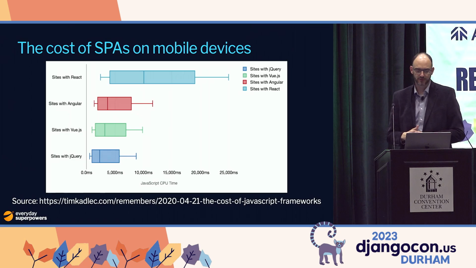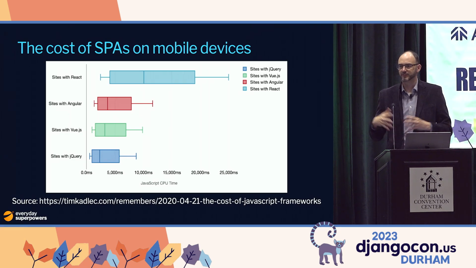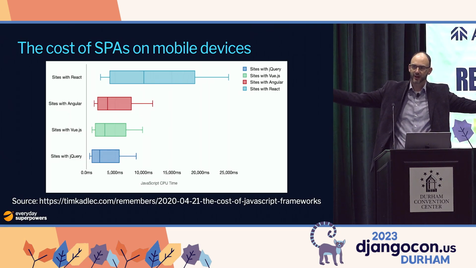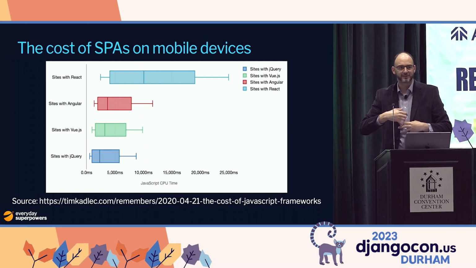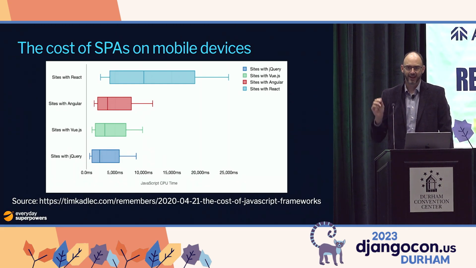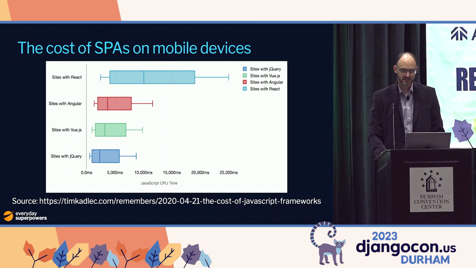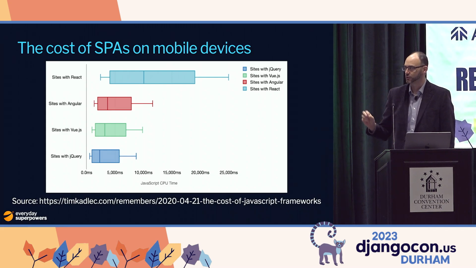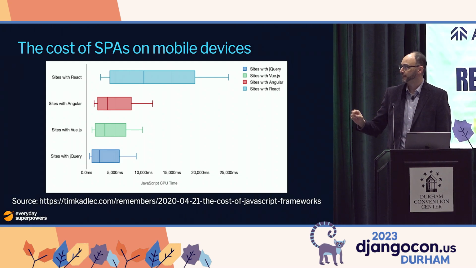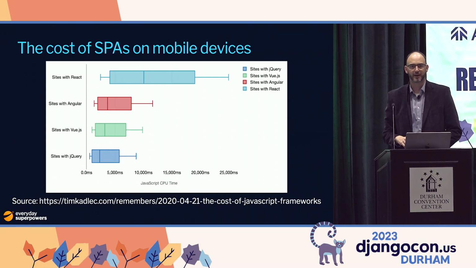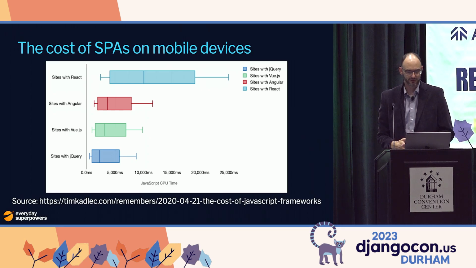Tim Kadlec researched the HTTP Archive, which is essentially a place where they're trying to archive as much of the web as possible into a database and save some data along with it. And he found that half of all websites built with React take over 10 seconds to render on a mobile device. That's what that little bar in the center of that big blue box shows.